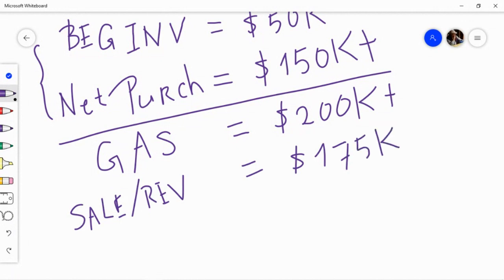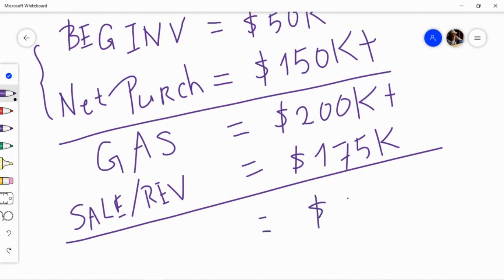So revenue is 175. And then if that's the sale, then that means 25K, slightly plus, is left unsold. Isn't that right?